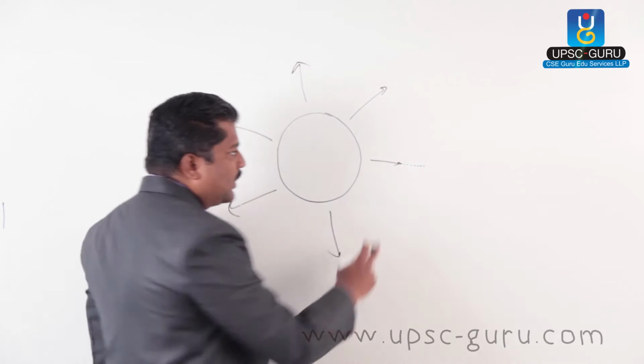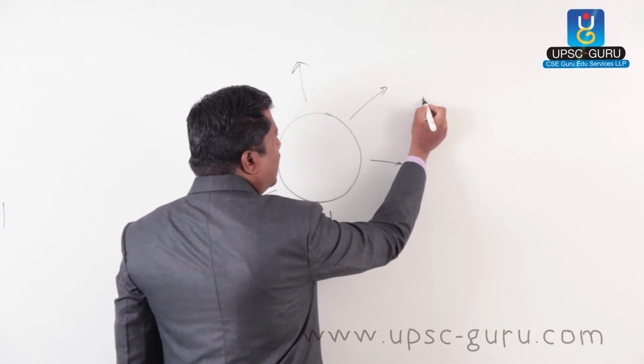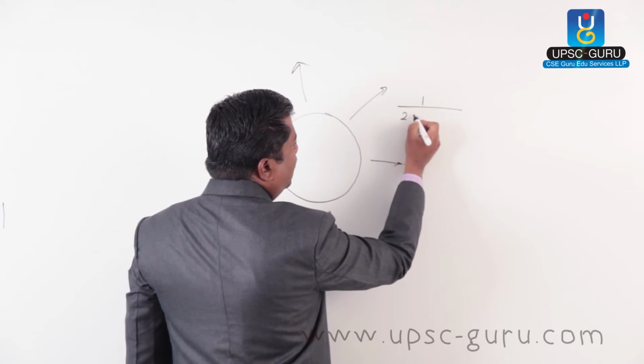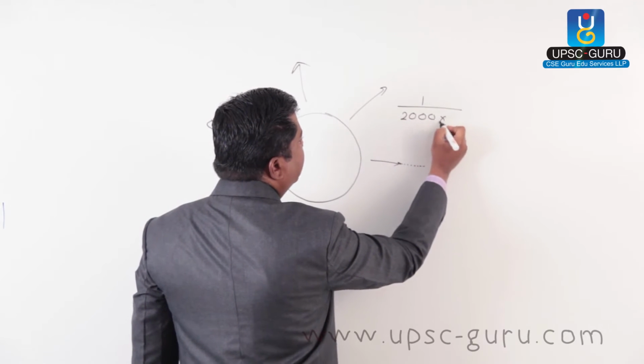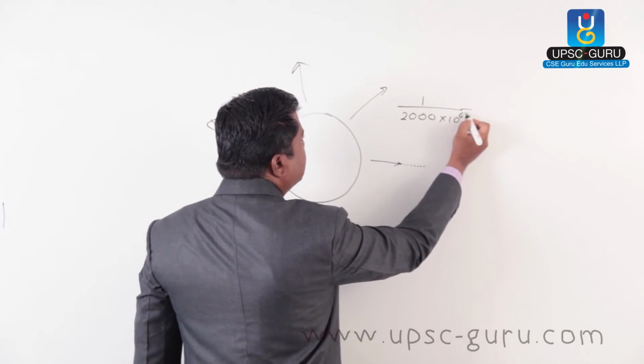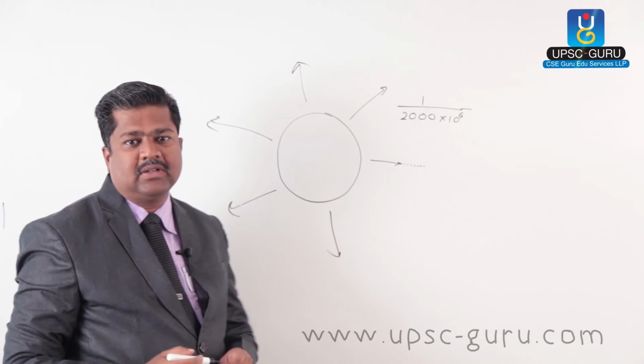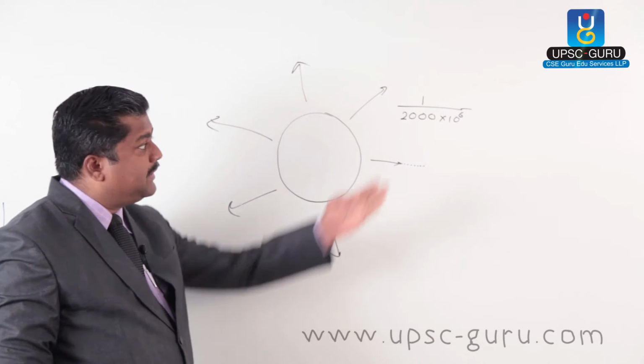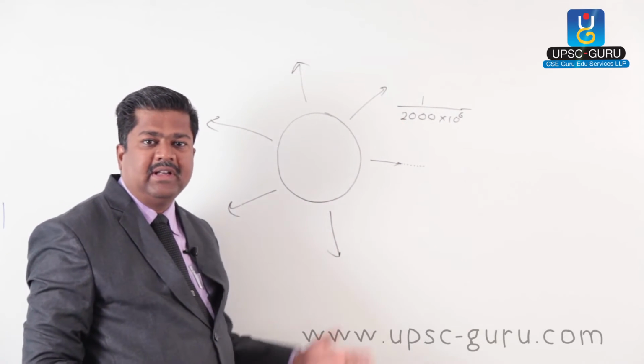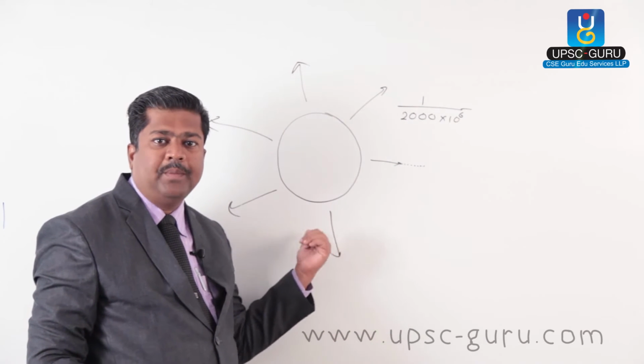That energy, whatever is received from Sun by Earth, is 1 upon 2000 millionth. Million means into 10 raised to 6. So this much of energy is received by Earth from Sun.